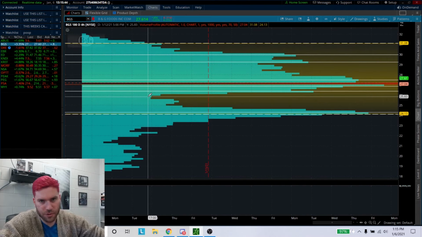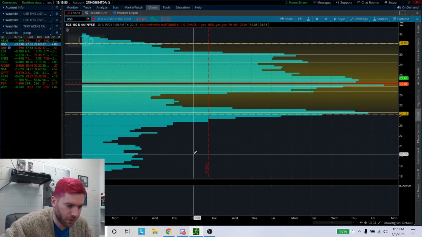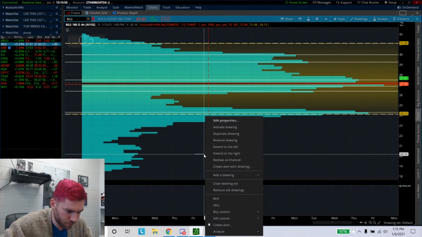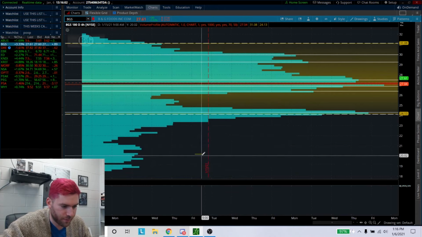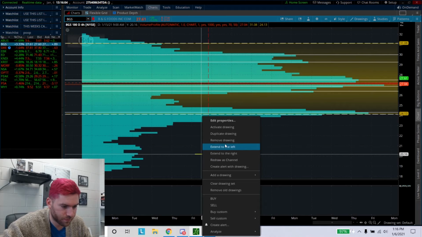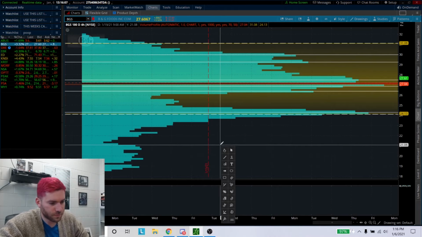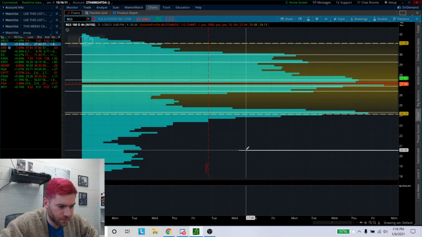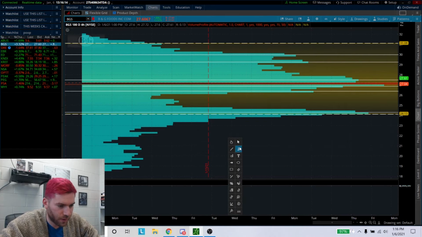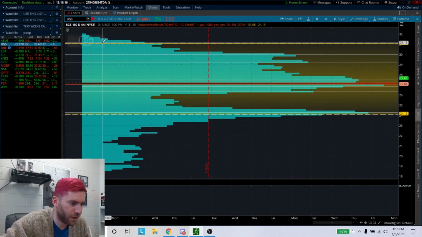Low volume nodes are going to act as areas of wicks because it comes in and it comes back out, right? It's low volume. It's just how it works out that way. And this is what we're going to do. We're going to take our line tool. We're going to set this as yellow. That's going to act as our spots of low volume.